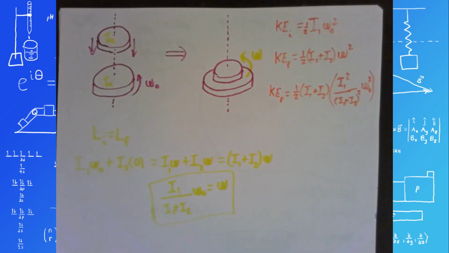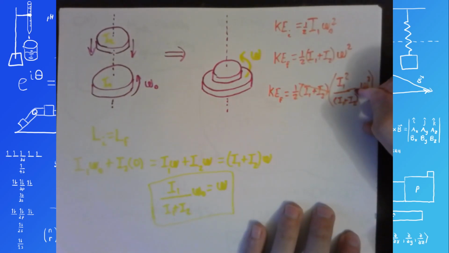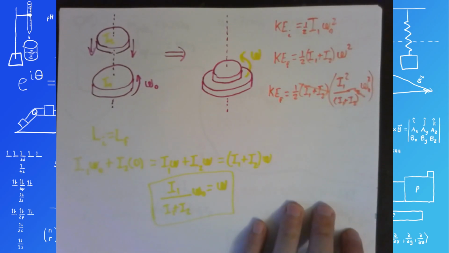Okay, we can cancel I1 plus I2 with one of the I1 plus I2s down here, so now that one isn't squared anymore.